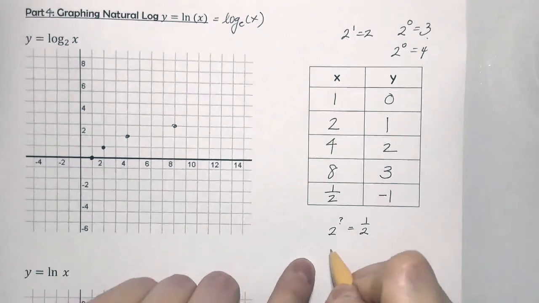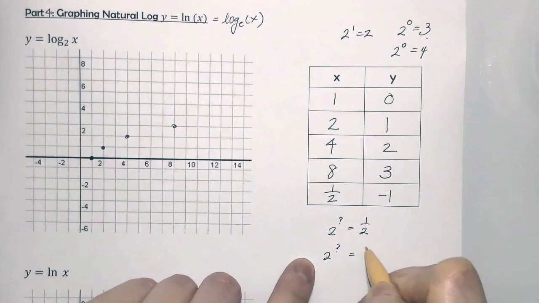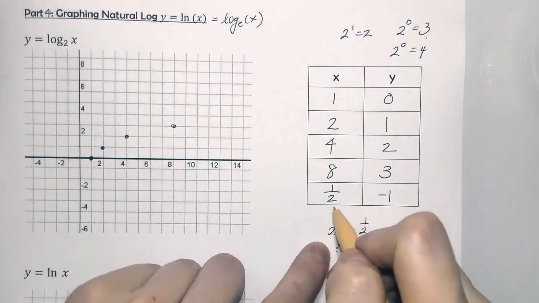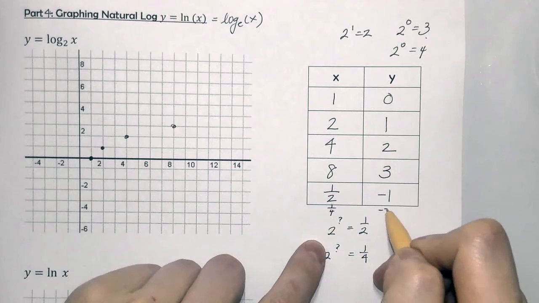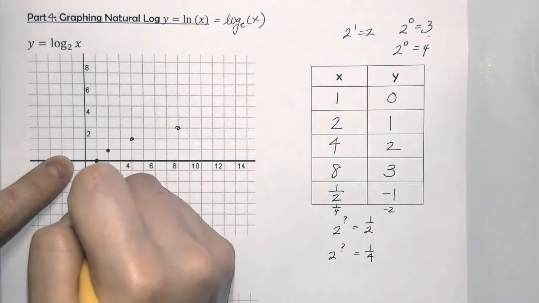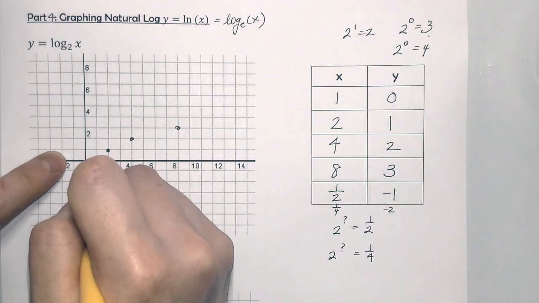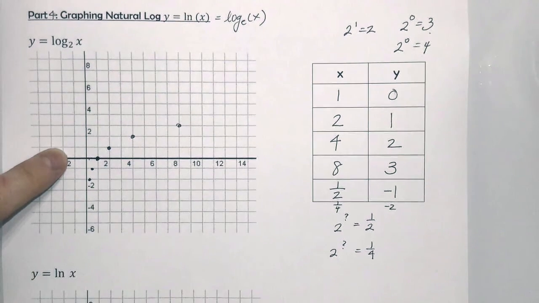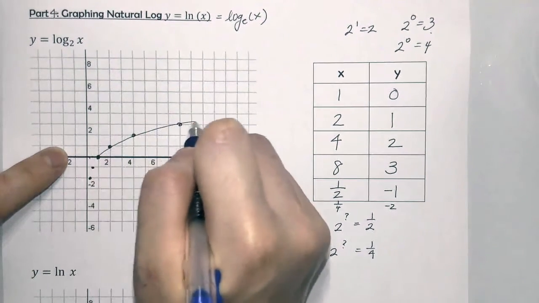And you can also do 2 to a power that gives you 1/4, which is going to be -2. So you can add one more, (1/4, -2). So then 1/2 is over here down to -1, 1/4 closer to 0 down to -2. Therefore, your graph will look like this.